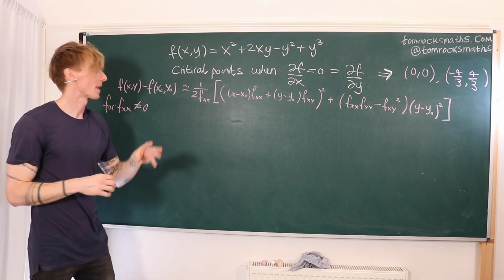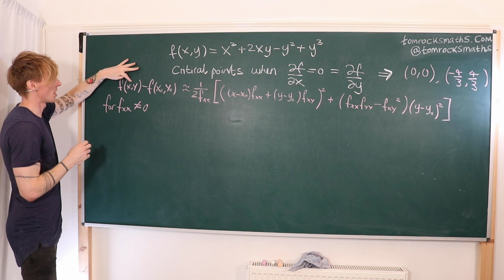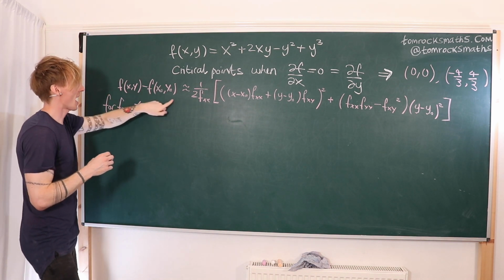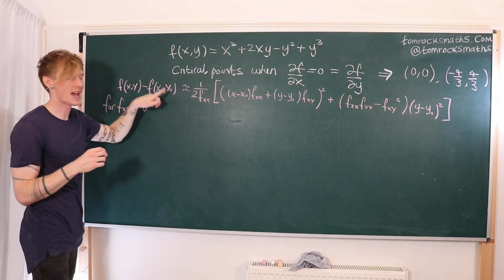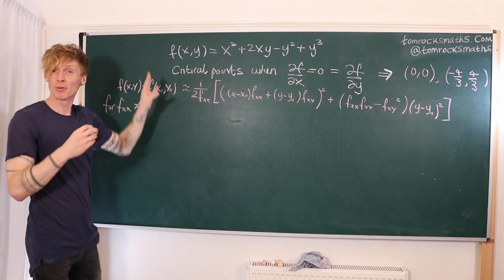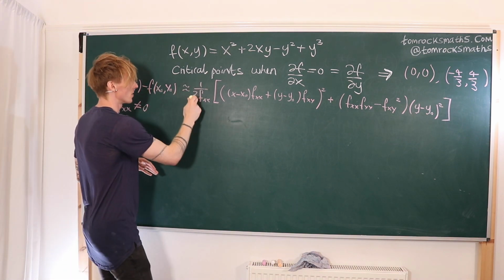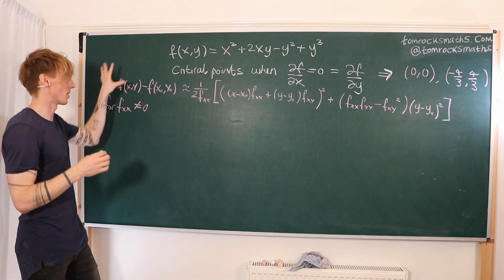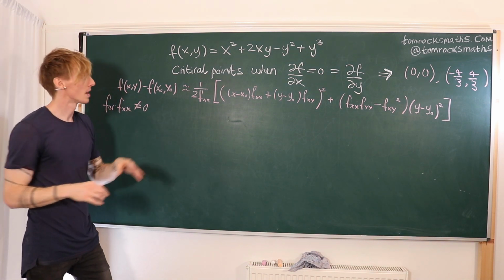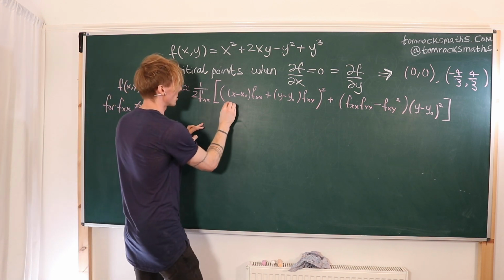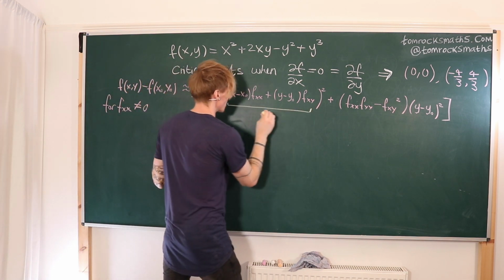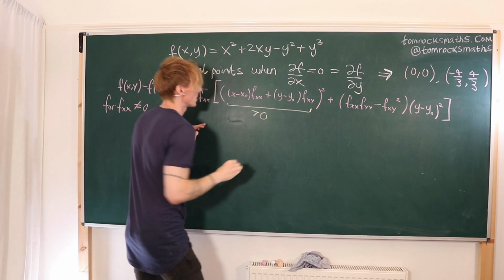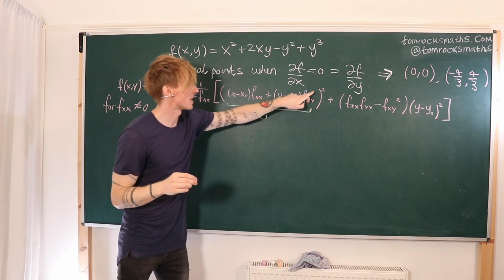So we have that f of xy minus f at our critical point, f of x0, y0, is approximately equal to 1 over 2 fxx, assuming fxx is non-zero, because otherwise I couldn't divide by it. Then here we've just got something which is positive, because it's a whole term here squared.